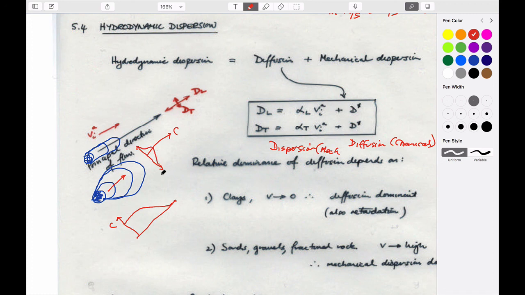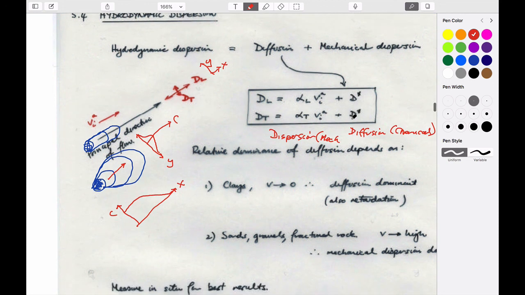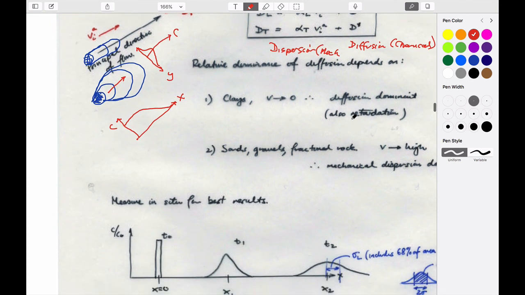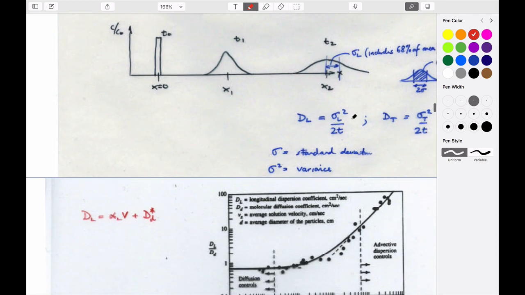This is in the transverse direction. This is y, say, and this is x. And so it's governed by this. So it looks like diffusion, which is causing this spreading, but is composed of two parts, mechanical mixing and chemical mixing. Okay, yeah, I guess that's right.